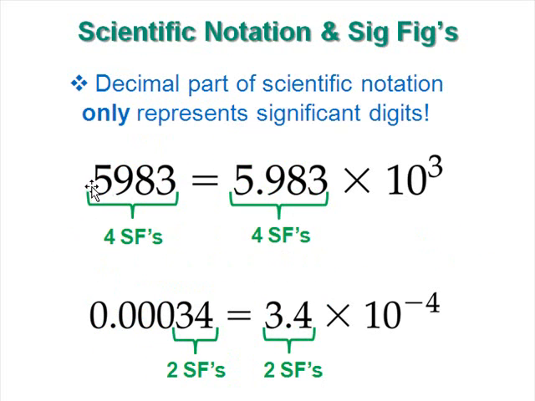Here you have 4 SigFigs. You again keep your 4 SigFigs times 10 to the third. Here you have 2 SigFigs, so when you convert to scientific notation, it's 3.4 times 10 to the minus 4th. SigFigs.